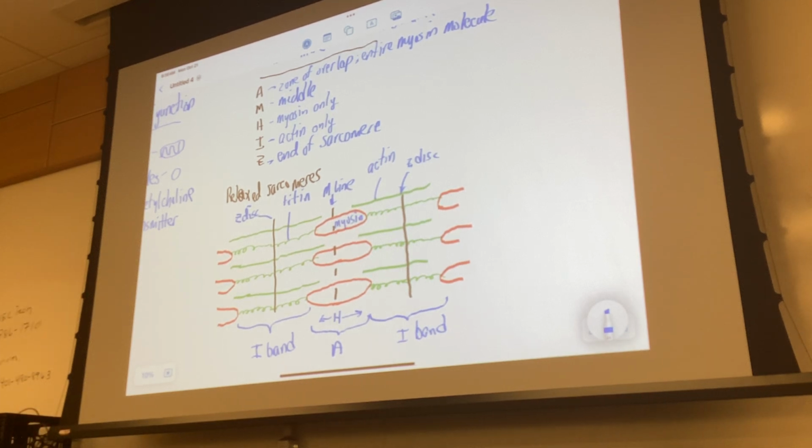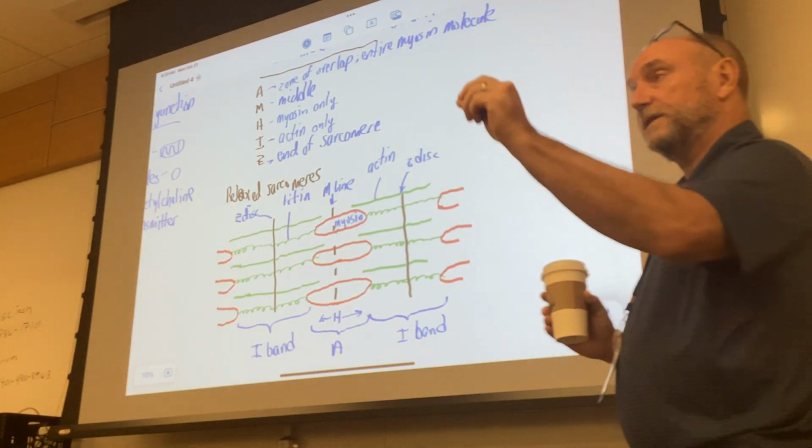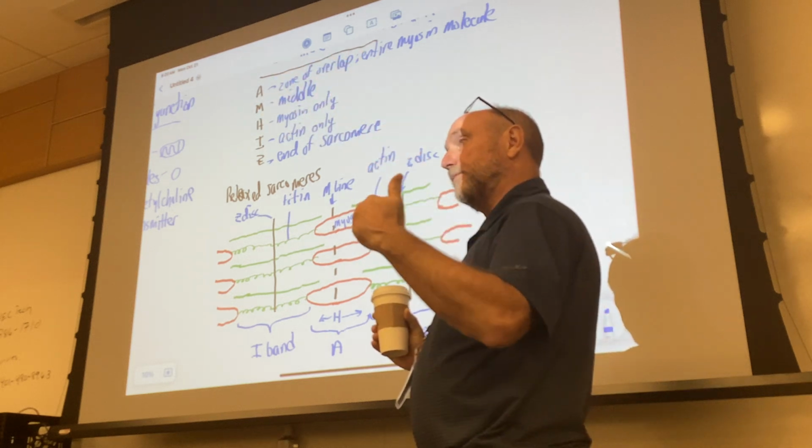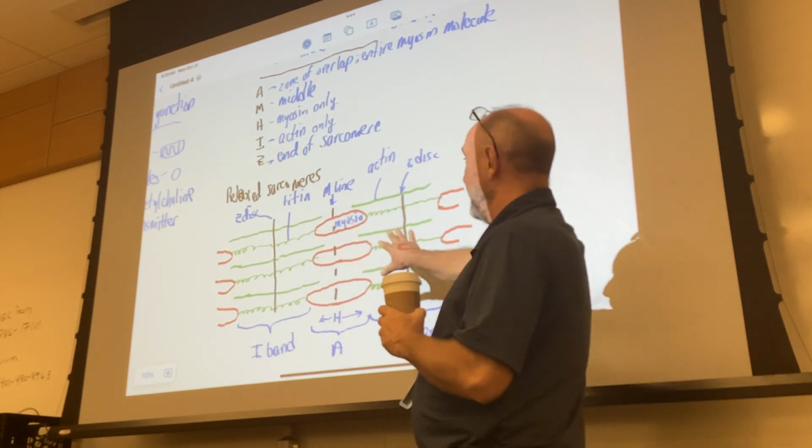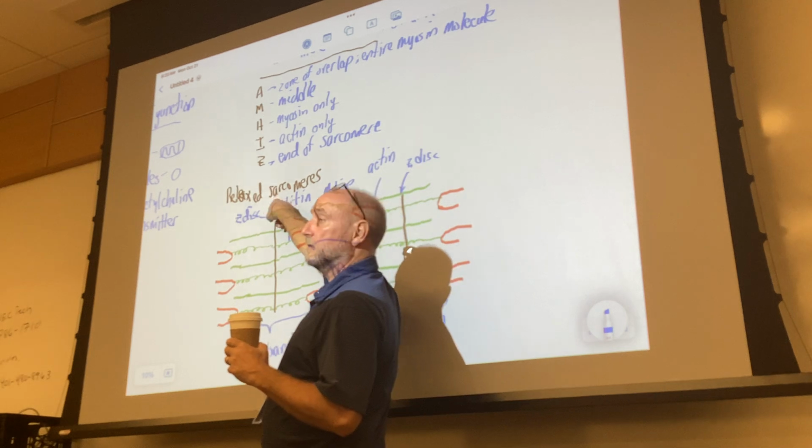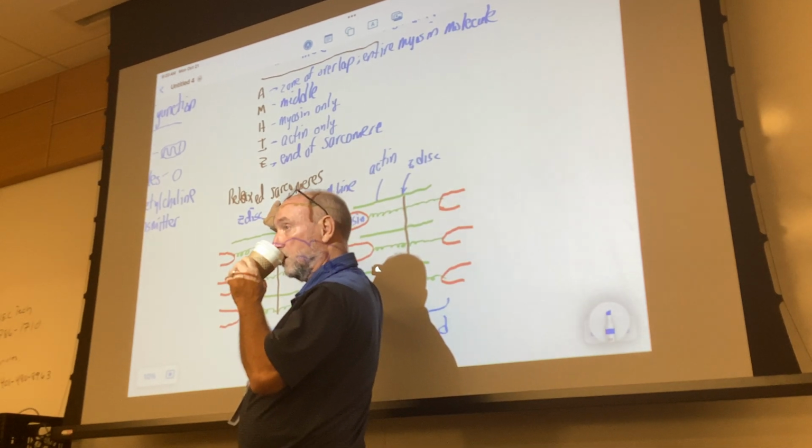Now, when I have a question for you to identify what's this area, what's that area, what's this protein, what's that protein, I'm only going to ask you for a relaxed sarcomere, okay?